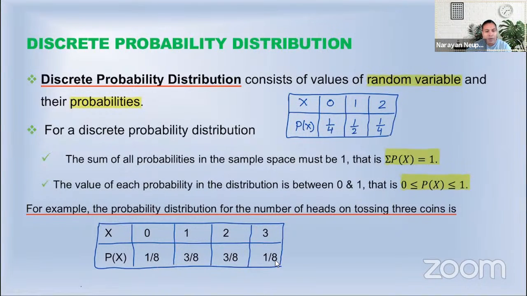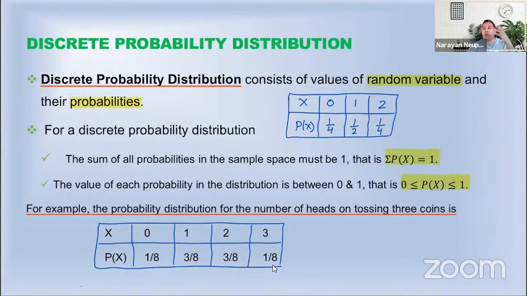And if you look at the values 1/8, 3/8, 3/8, and 1/8, and change them to decimals, you will see that all these values are between 0 and 1. Since all these values are between 0 and 1, and when you add all probabilities it is equal to 1, we say that this is also an example of a probability distribution. The first one is the probability distribution of the number of heads while tossing 2 coins, and this one is for the number of heads while tossing 3 coins.